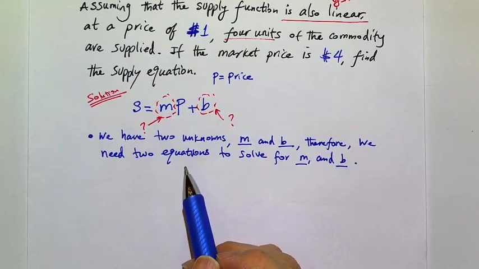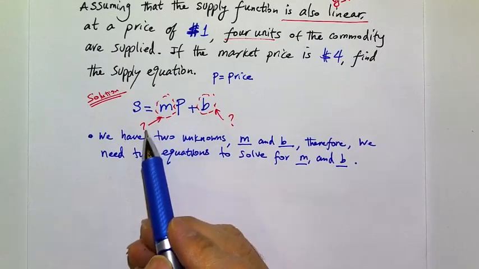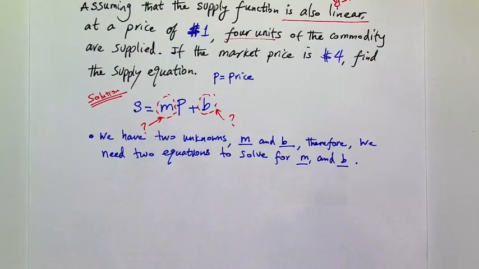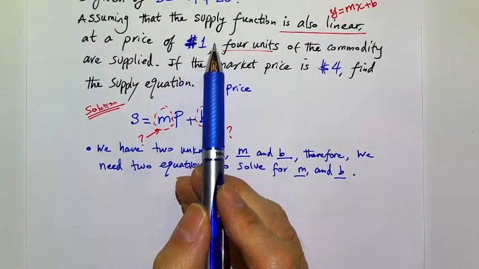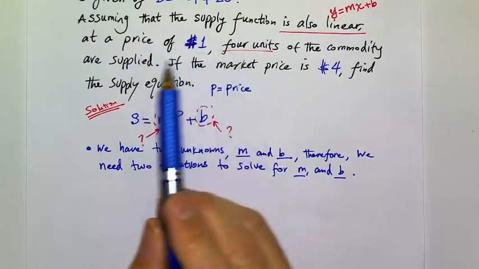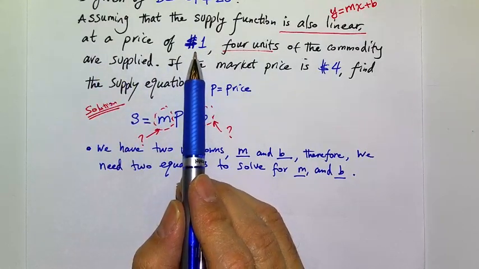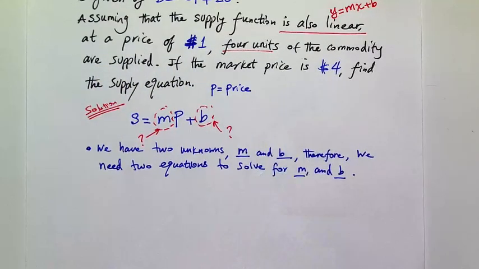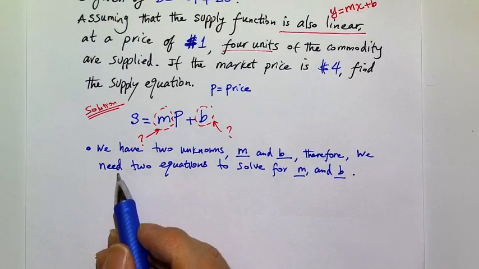All right, so let's see how we can figure out one of the equations. One of the equations comes from this information, right? Assuming that at a price of $1, 4 units of the commodity are supplied. So let's write that down.